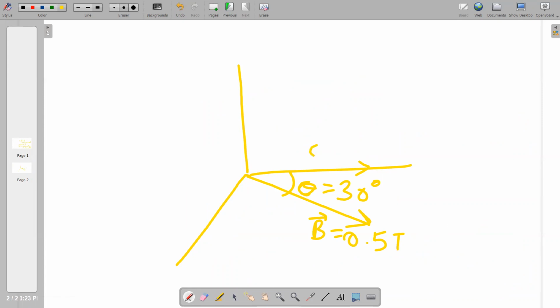Along x-axis, it becomes 0.5 cos 30. And along y direction, it becomes 0.5 sine 30.